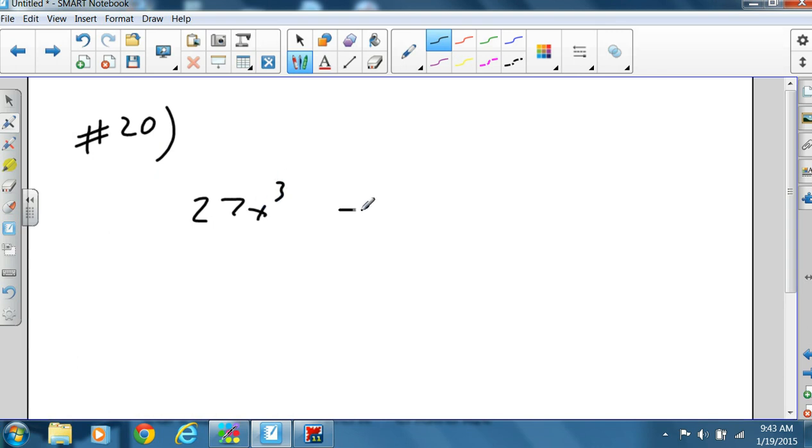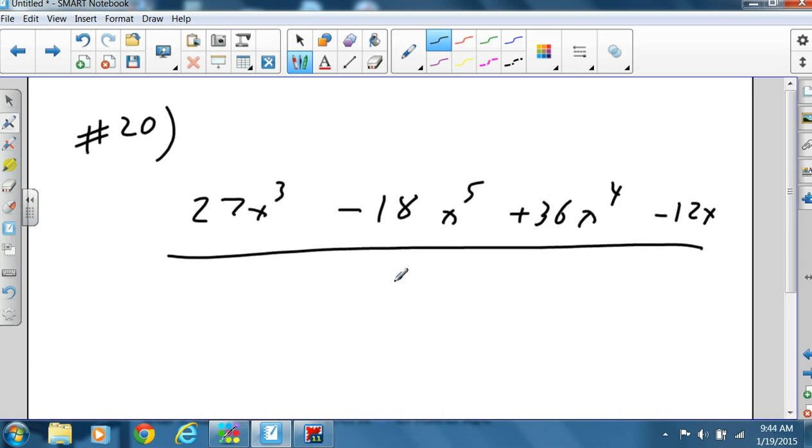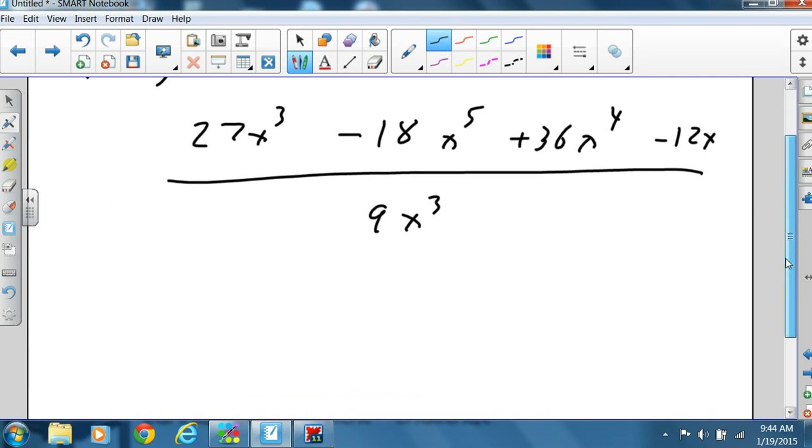Okay, so 27x cubed, 18x to the 5th, 36x to the 4th, 12x divided by 9x cubed. All right, well, I look at 27, 18, 36. What'd I do? You had 27x to the 3rd instead of 8. Oh, this is an 8.